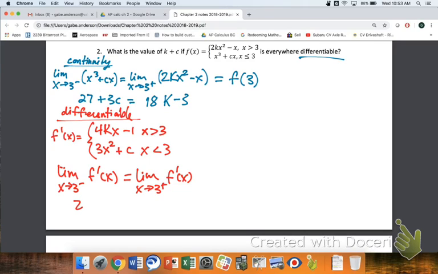So that would just be 27 plus c, right? When you directly substitute into that. And the other one would be what? 12k. Yep. Direct substitution works again.